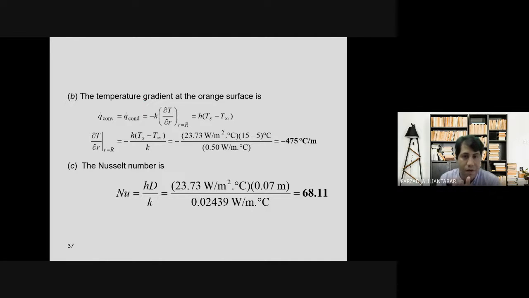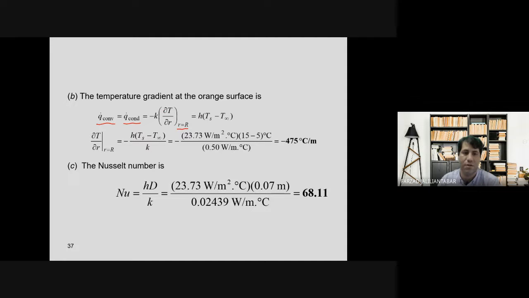If you remember, for the flat plate, and for the orange it is the same, at the surface we have that stick between the fluid and surface. So the convection will be conduction actually here. Same way, we have this equation, if you remember, when we are calculating the heat transfer on the surface of the orange.